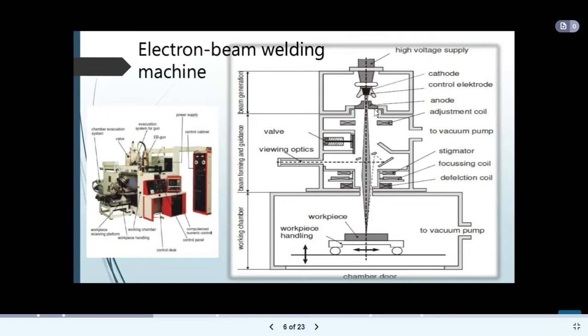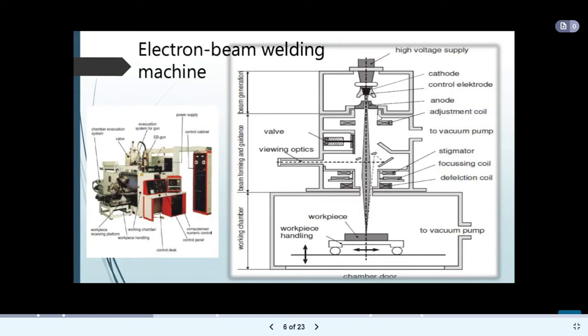When we provide the high voltage between anode and cathode, the electrons get emitted from the cathode, and the emitted electrons get accelerated towards the anode. First of all, electrons are generated here, and then they accelerate towards the anode.